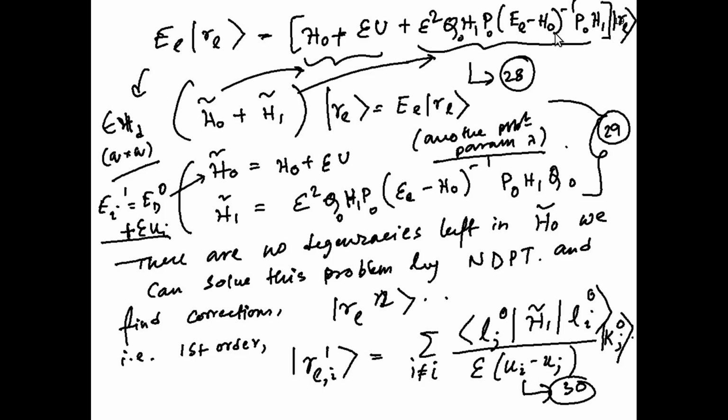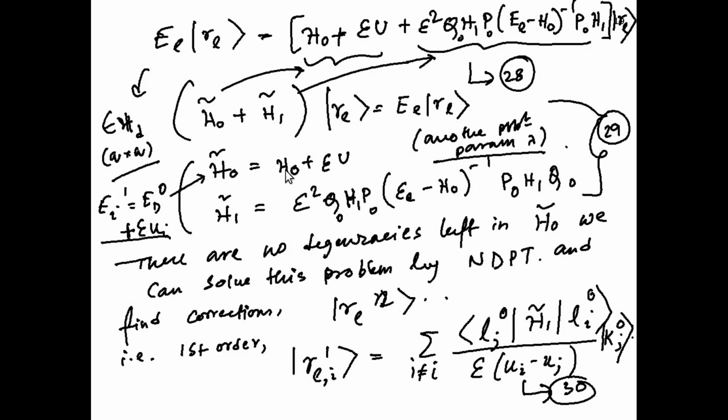Plus I have some perturbation, which is H1 curly, of this form, and so equation 28 or 29 can be thought of as a problem of non-degenerate perturbation theory. It is a very simple way to think, because H naught curly now has eigenvalues, which I call E_i1, which is E_i0, coming from the original H naught.